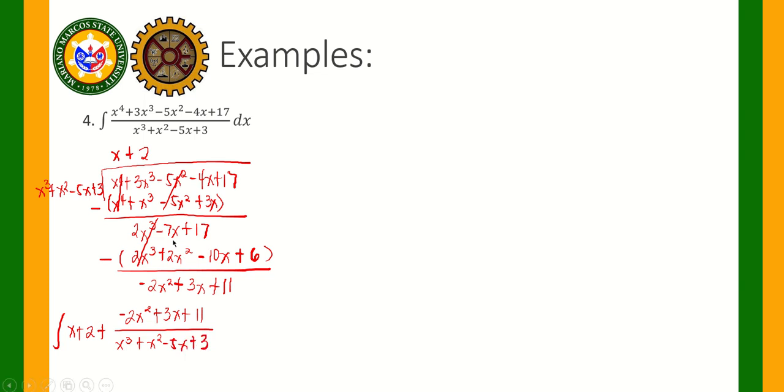Okay, so still, we have a complicated polynomial here. So what we will do, if we cannot completely factor this one, is use synthetic division. So, we apply synthetic division. Okay, so let's try if x minus 1 is a factor of our denominator.